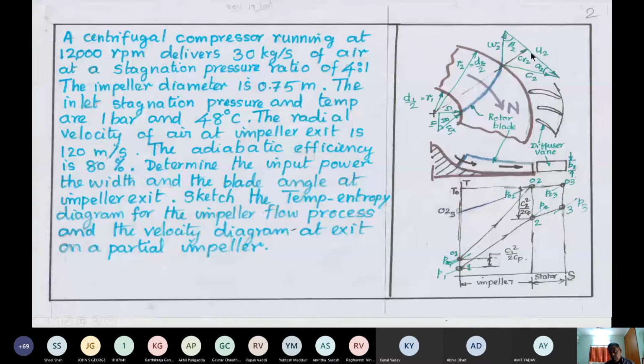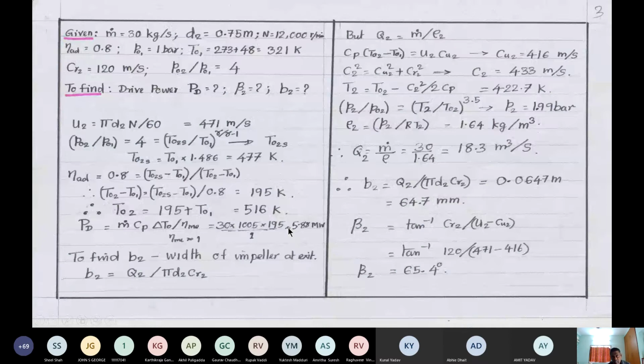So it can also be said that it is equal to CR2 divided by the relative velocity whirl component, W U2. So CR2 has to be divided by that to give you tan beta 2. So finally you get beta 2 is equal to 65.4 degrees. So any doubt in this problem?